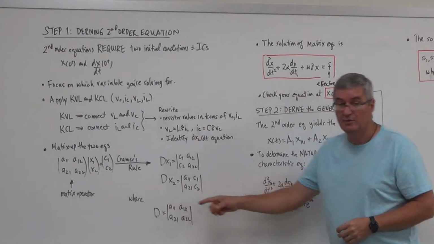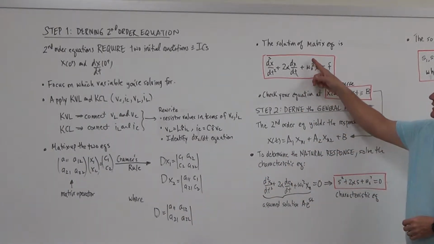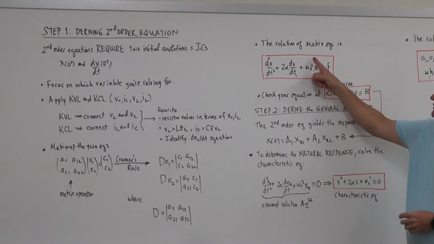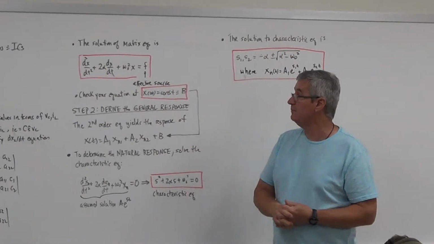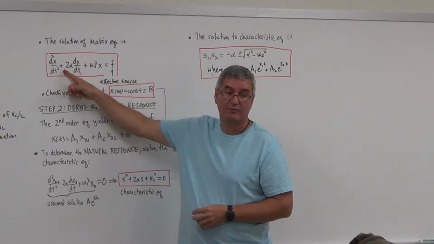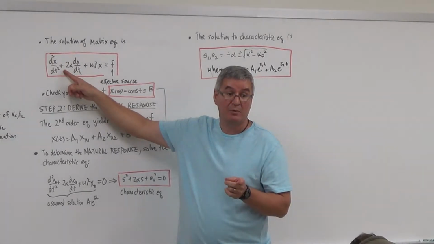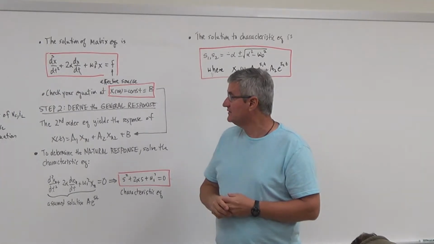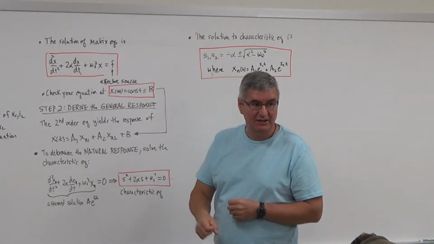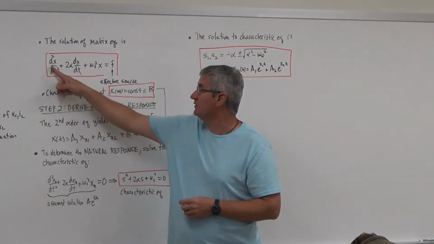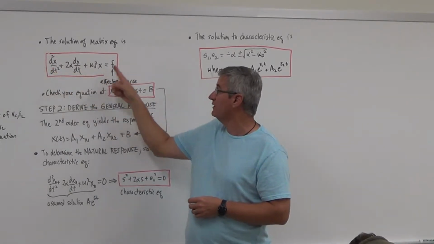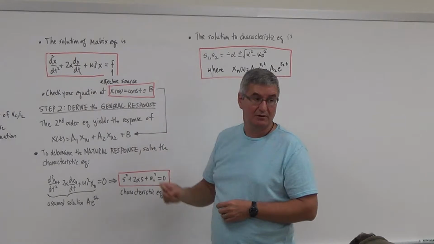So in the end, what do we get? We end up getting a second order differential equation. The solution of the matrix gives me this equation right here. I typically don't like writing it in operator form. I mean, I prefer operator form over this form, but I just did it here. Now note, this has a very distinct form. I isolate the second order differential equation term, and then I just adjust my constants.